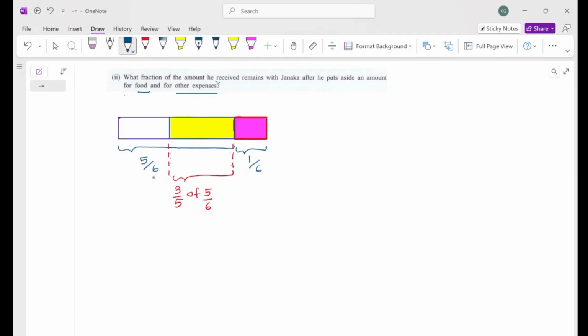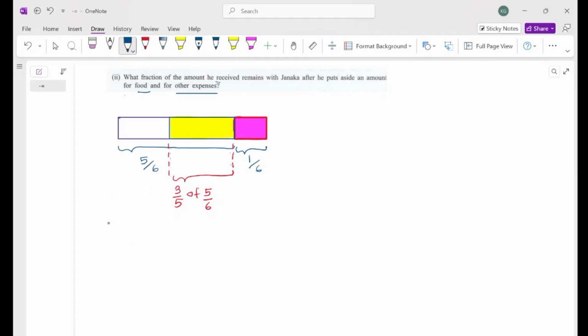The question says from this 5 out of 6, from the remaining amount, 3/5 is put aside for the other expenses. So the remaining amount is 5 out of 6, and from this 5 out of 6, a 3/5 is put into the other expenses.